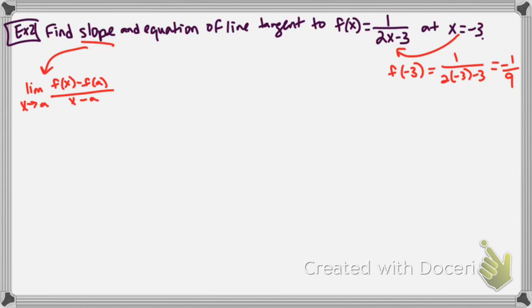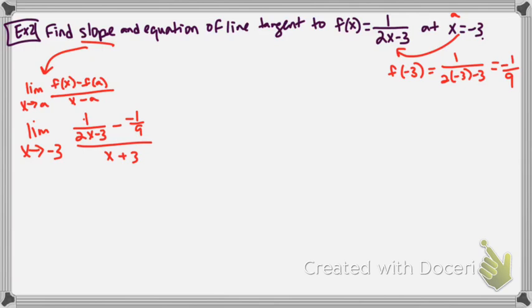We know that a is negative 3, so we have limit x approaches negative 3. Let's go ahead and replace my f of x equation. F of x minus f of a all over x minus a. And we already know x, so x minus negative 3 would be x plus 3.